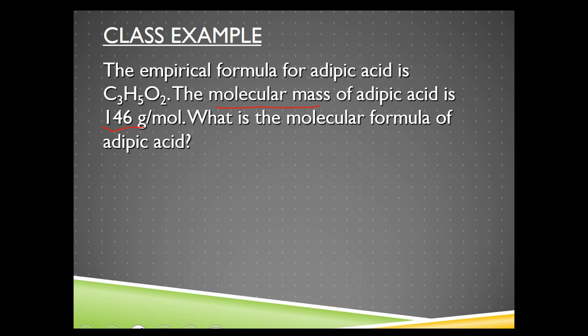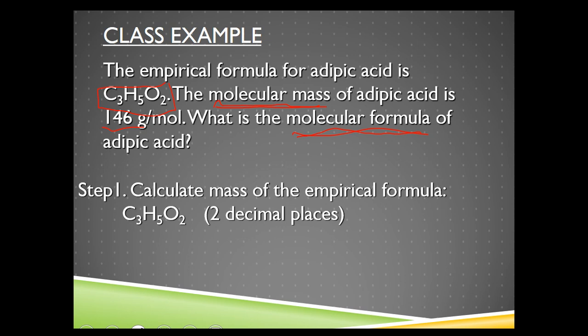What is the molecular formula? So I've given you some information. So I'm telling you what the empirical formula is. I am telling you how much the molecular formula weighs, or the molecular mass. And then you have to calculate, based on those 2 pieces of information, what is the molecular formula, okay?